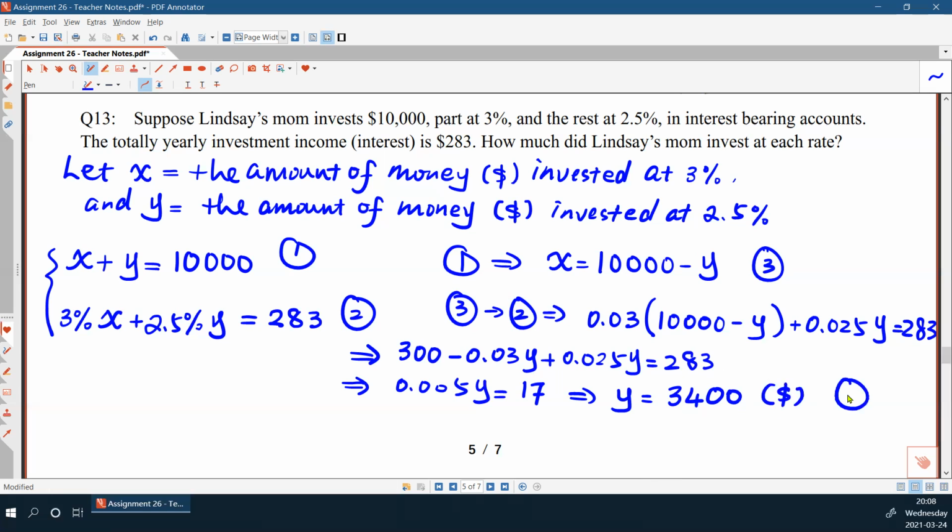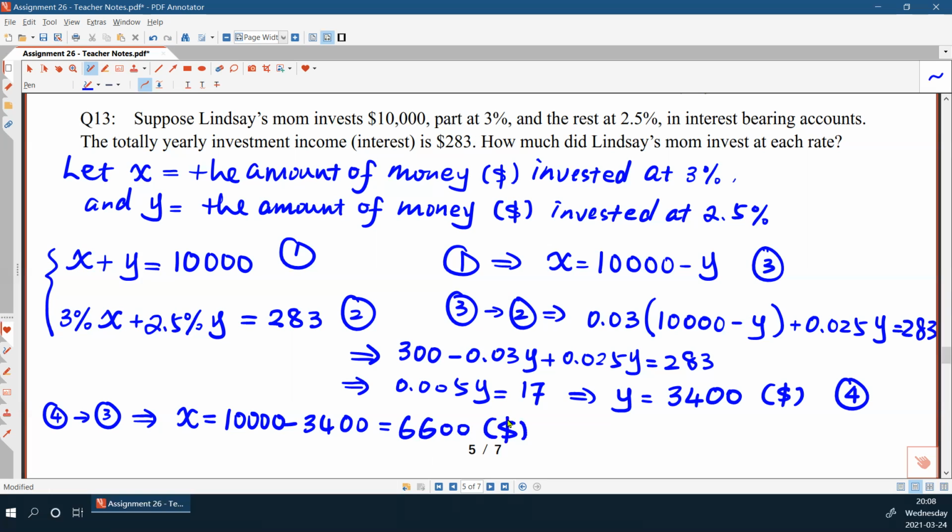Let's say this is number 4. Then we can put number 4 into number 3 to get the value of X. X is 10,000 minus 3,400, which is 6,600 dollars.